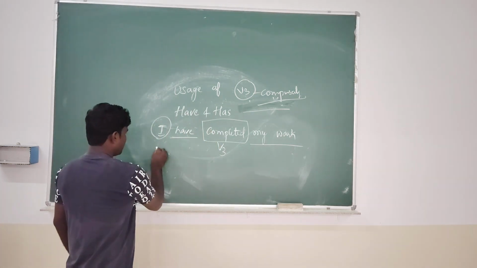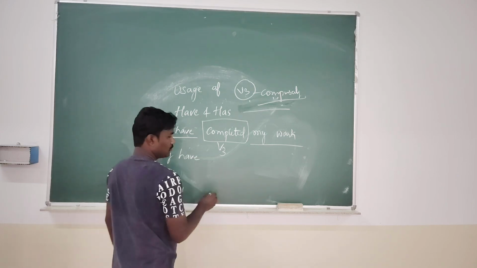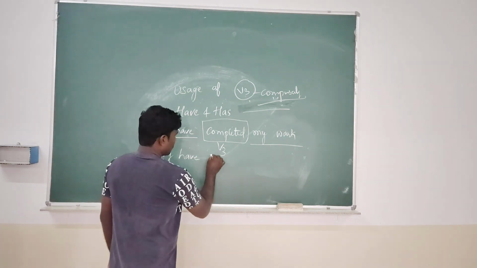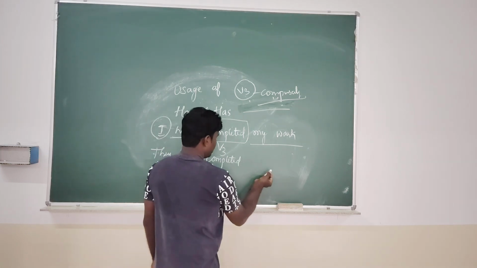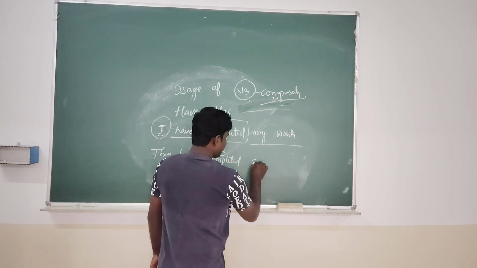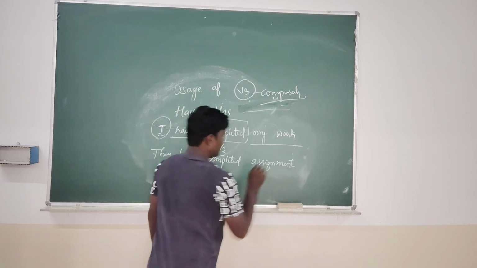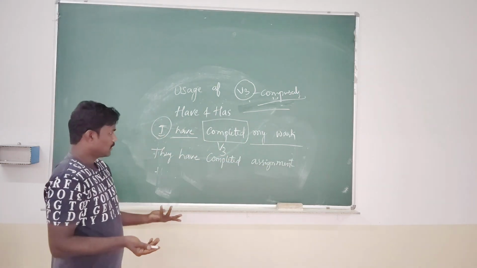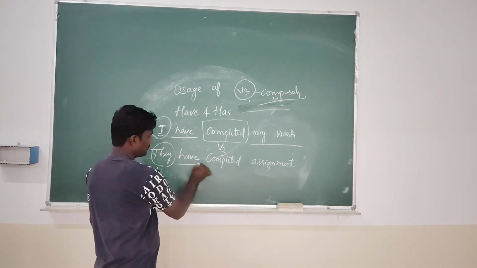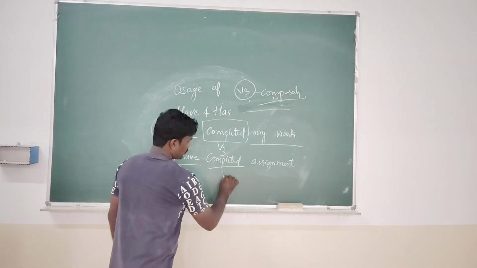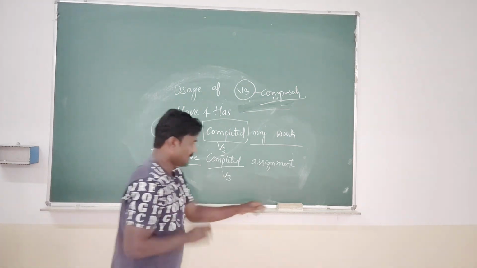Now just replace it. They have completed assignments. So we can understand the subject, this is have, and this is the verb as well. This is how we use have and has.